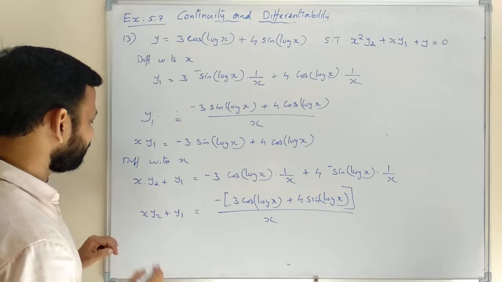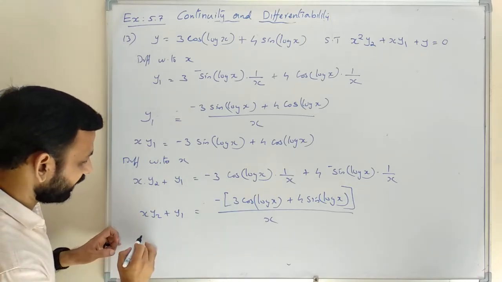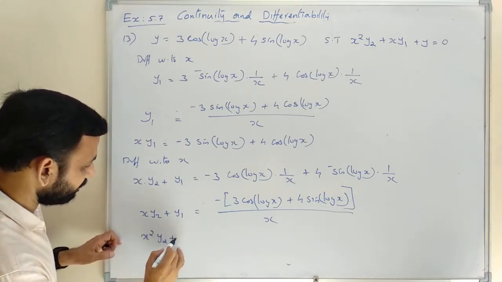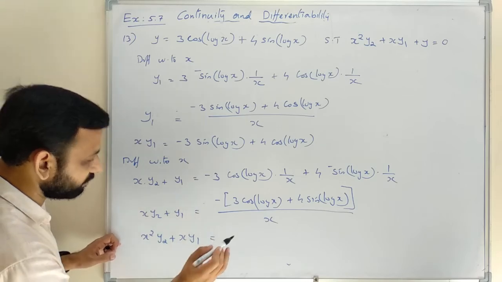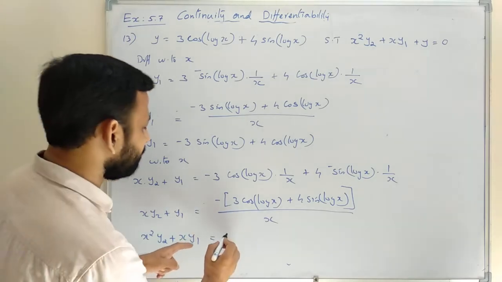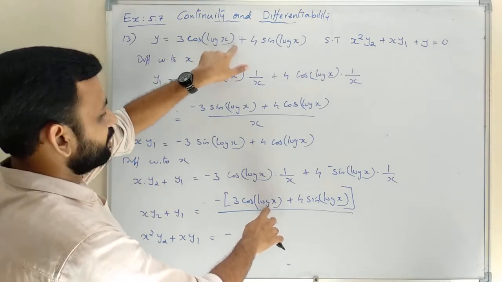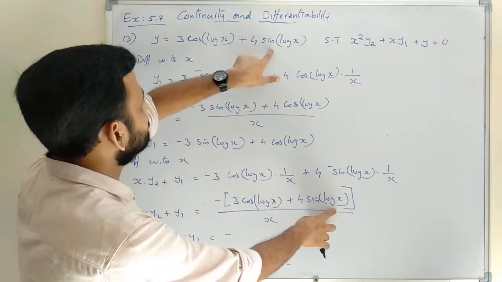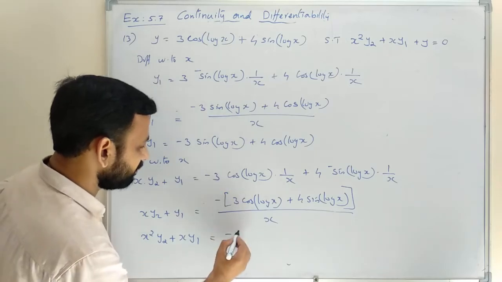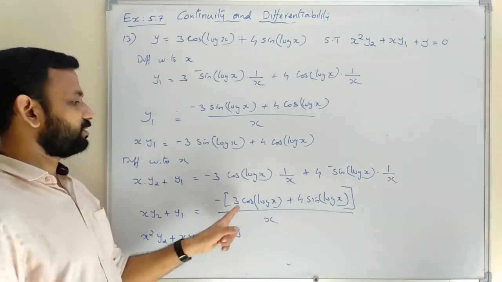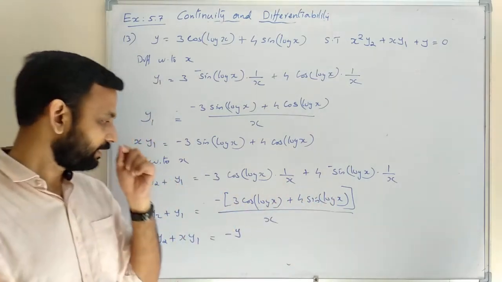Now we can cross multiply. x square y2 plus x y1 equal to minus 3 cos log x plus 4 sin log x, so that is y. So numerator will be minus y. So this expression can be replaced by y.